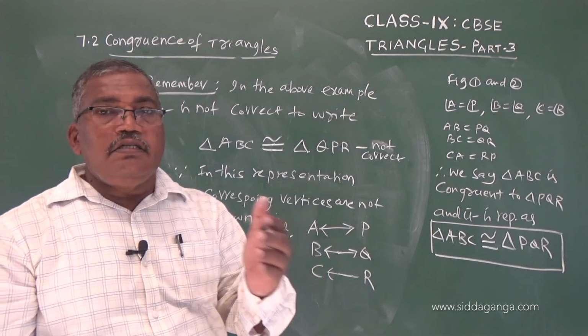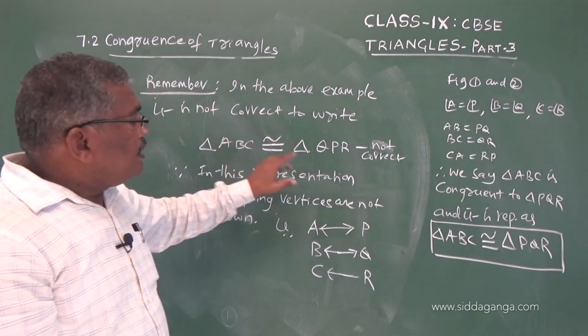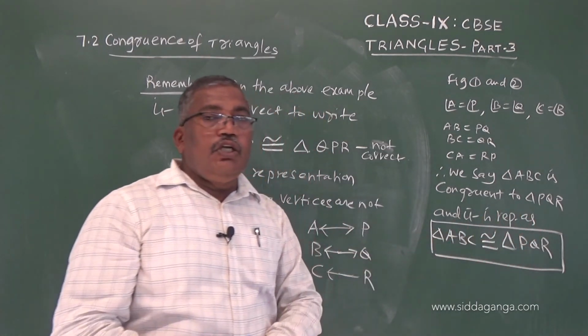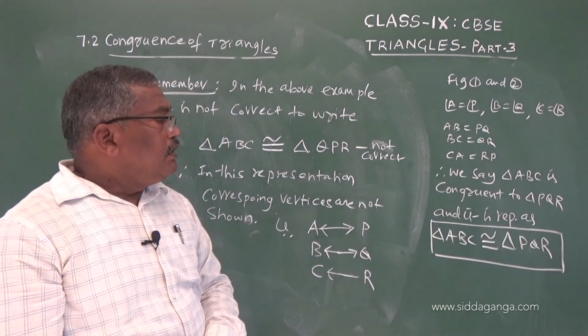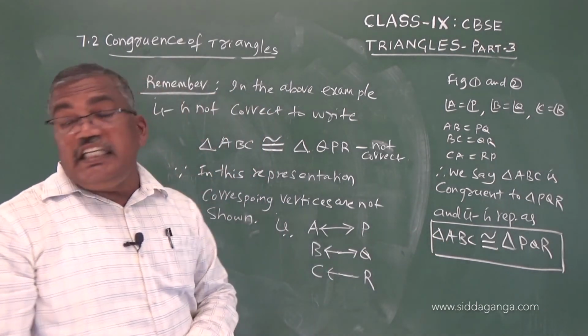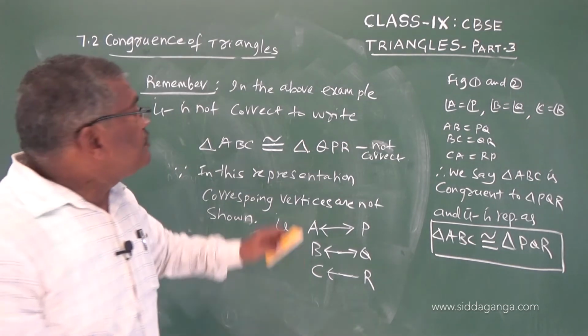That means 3 angles and 3 sides, we say they are congruent, and triangle ABC is congruent to triangle PQR. This property is known as CPCT. I will tell you what it is.